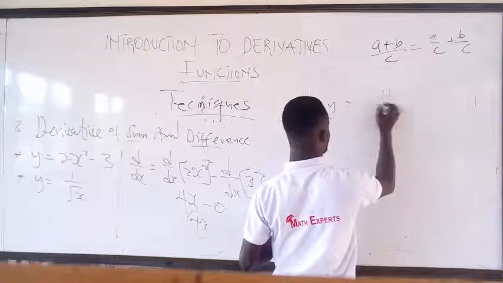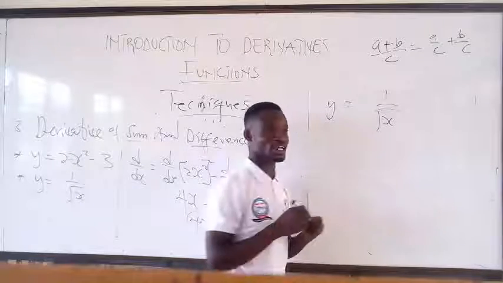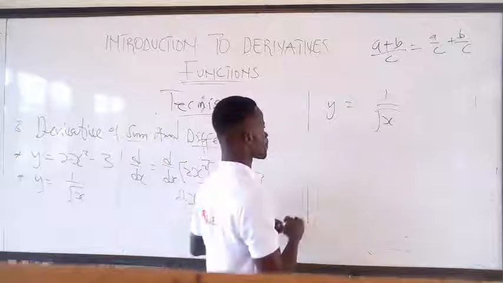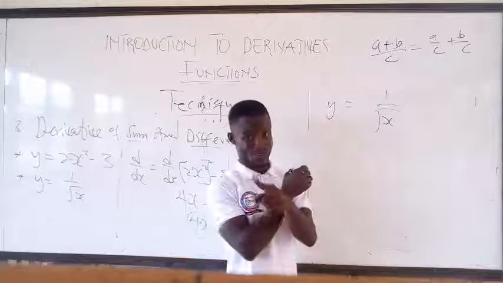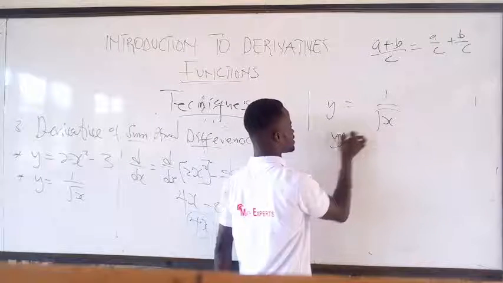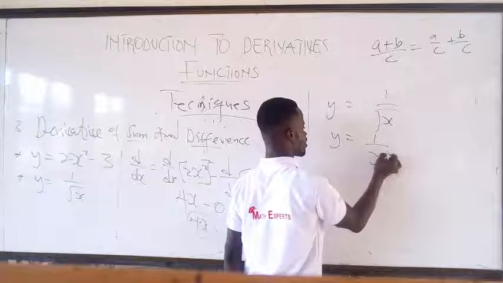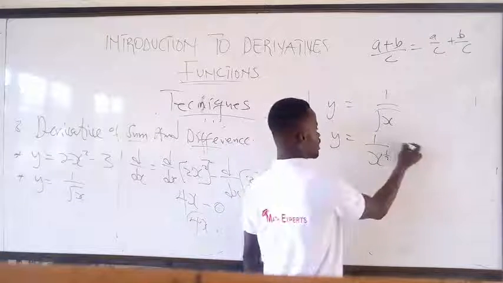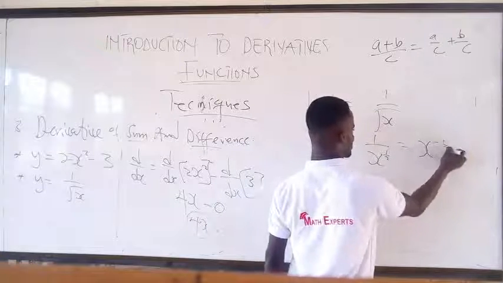Let's see the other one too. y is equal to 1 over square root of s. I forgot the answer we had for this, but let's see. After that, you compare. You can change this to y equals this, right? And this is the same as this.